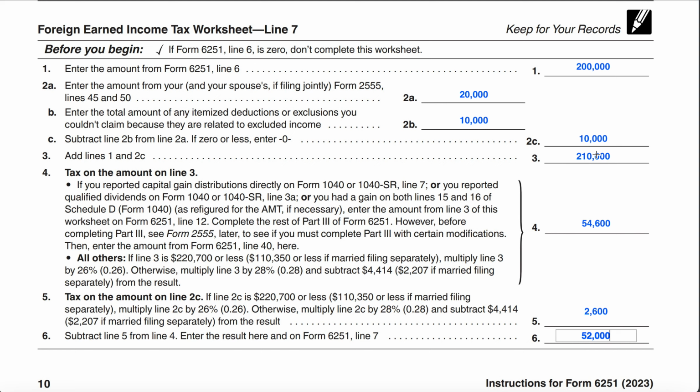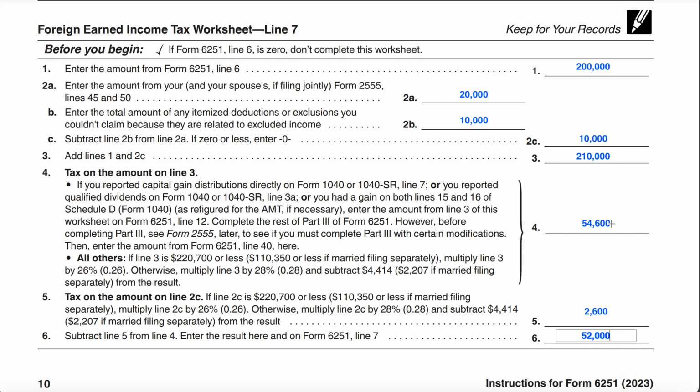So we're going to walk through this example with the assumption that none of those conditions apply to us. So in this case, line 3 is less than $220,700. So we're going to multiply the line 3 amount by 26%. We arrive at $54,600.